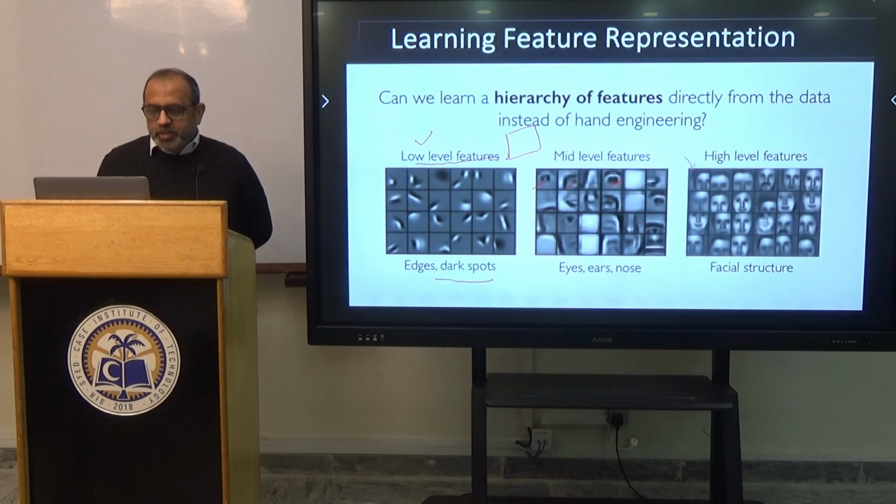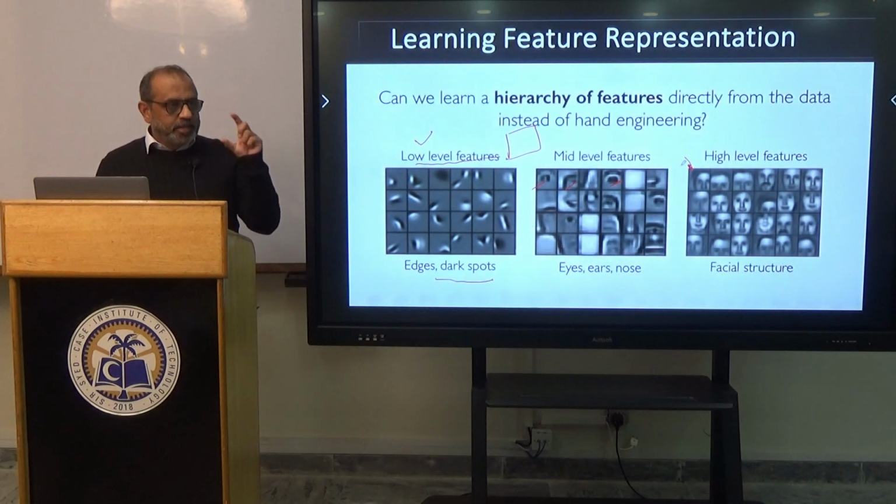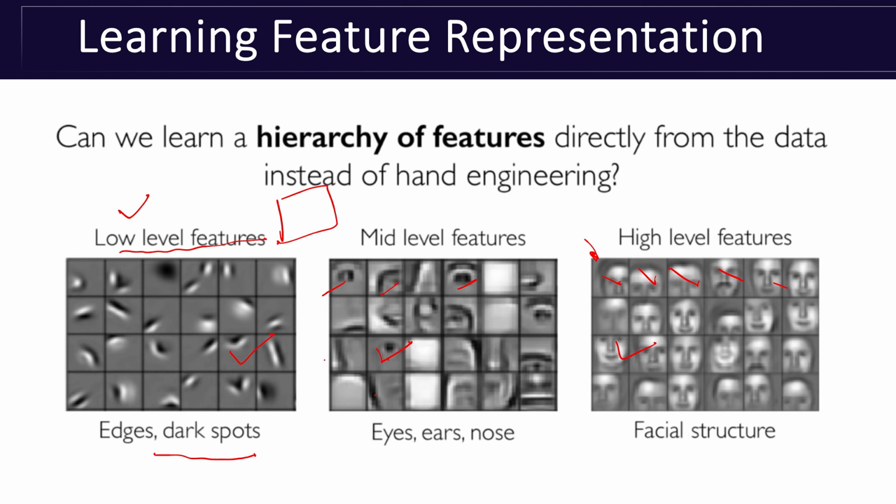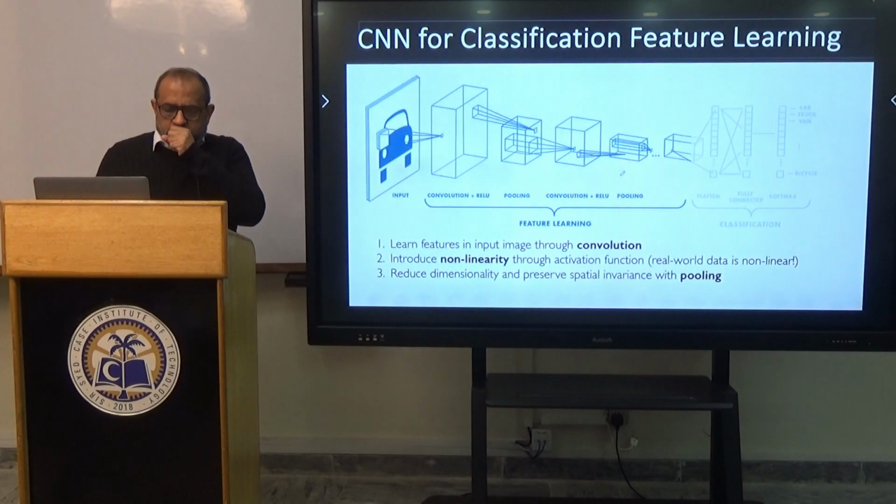Now further reducing the size, the mask is the same, the image is very small, and now it is going to give you parts of the face. So you have these features, then these features, then these features, and all these features will help you do the classification.